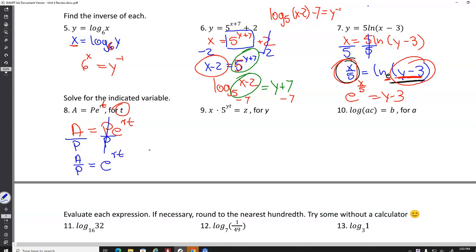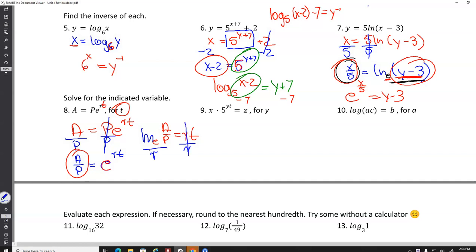Now, I'm going to convert it into an ln, which is a natural log, to get rid of that e. So ln over base e, because again, this is what holds the exponent, of A over P, which is on another side, will now equal the exponent itself. Now, to solve for t, all I have to do is get rid of the r, so that means I'm going to divide both sides by r.